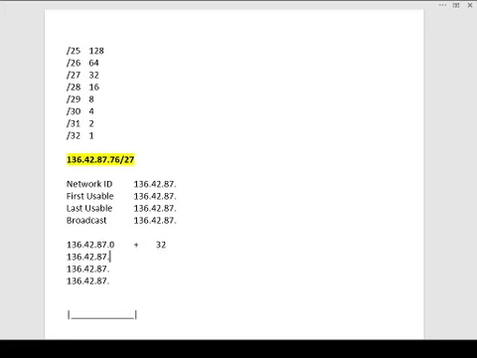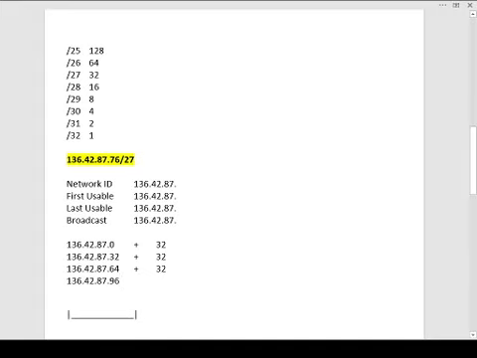Let's see if that 76 falls between there. Obviously it's not going to. We're going to add another 32, and now you're at 64. Well, 76 does not fall within that range, so let's add another 32, which will put us at 96. And now we have the 64 and 96, and the 76 falls between them.